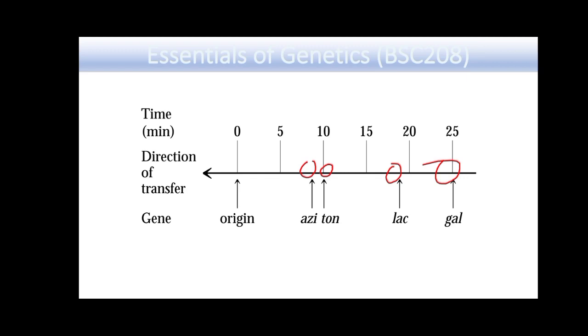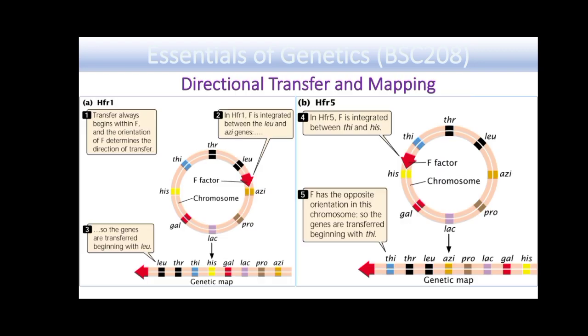When they are grown into the selective media, they can be tested for different traits, and the traits which appear after less time are coming first, they are transferred first to the recipient cell, and the traits which are present after longer time are transferred later. So in this way there is a directionality of gene transfer also.